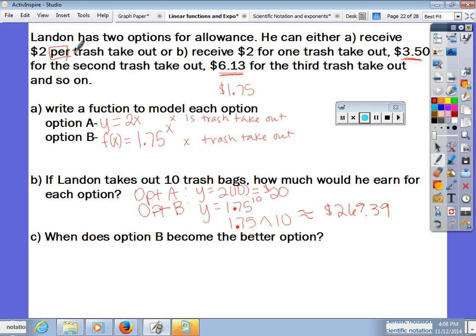For the second trash takeout, option A gives $4, but here he gets $3.50, so option A is still better. For the third trash takeout, option A gives $6, but here it's $6.13, so this is when it becomes better. So option B becomes better at the third trash takeout.